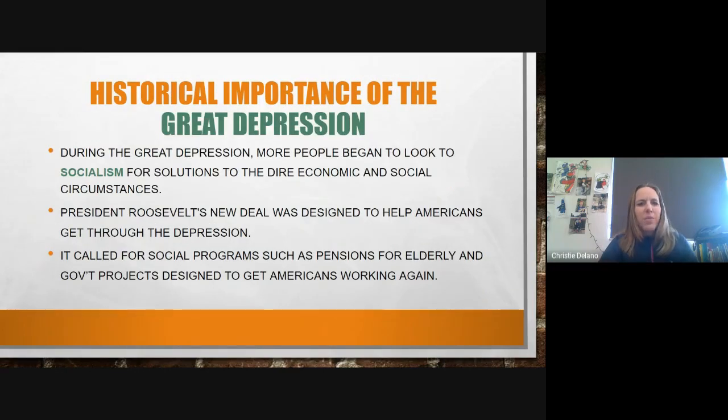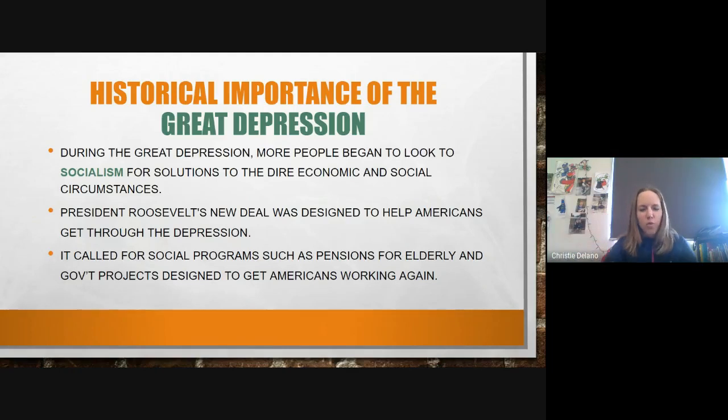So ultimately what we see is people during the Great Depression looking towards more socialist type ideas, right? More extreme government intervention for solutions to some of these problems. And Roosevelt's New Deal in the United States was designed to help these Americans get through the Great Depression.